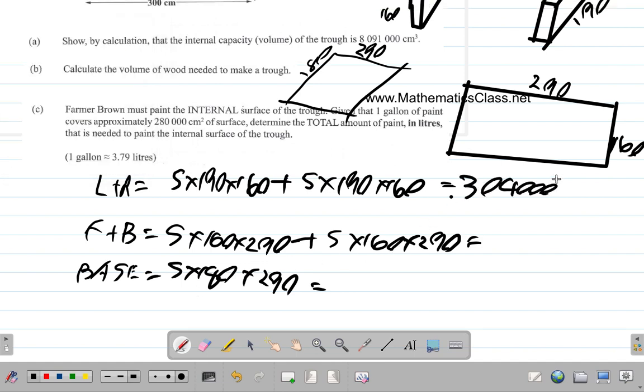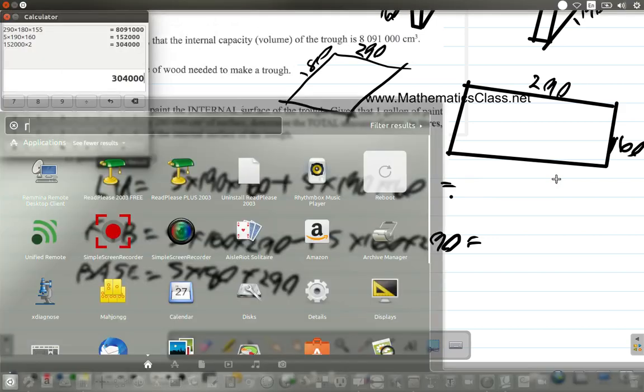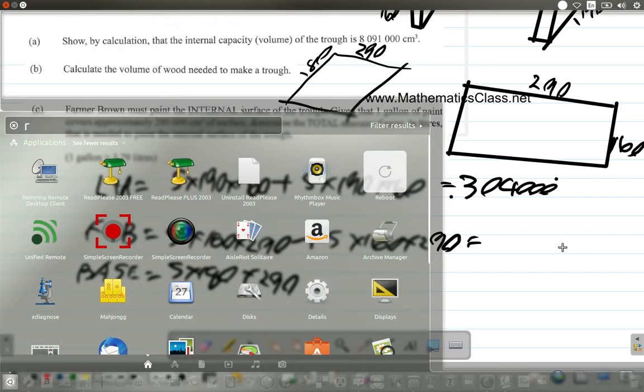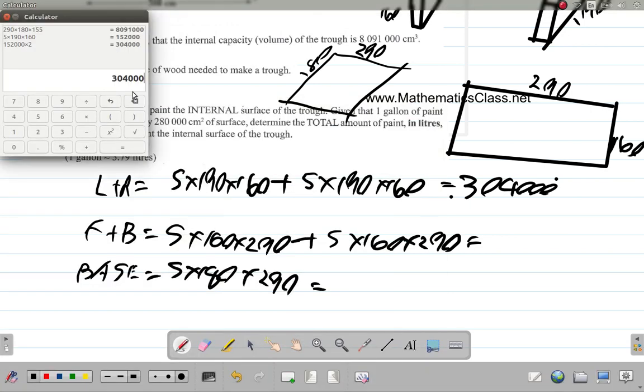Alright. The one for the front and back: 5 by 160 by 290 equals, and 2 of them, so you multiply that by 2.